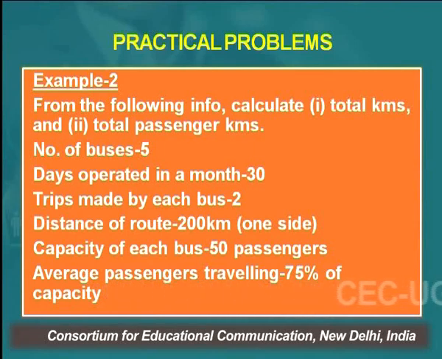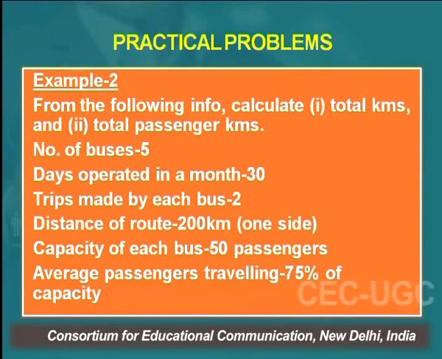A trip means going and coming back is called one trip, so each bus takes 2 trips in a day, and over 30 days that means 60 trips. Distance of route is 200 kilometers one side, so in a trip it is 400 kilometers. Capacity of each bus is 50 passengers; each time a bus can carry 50 passengers.